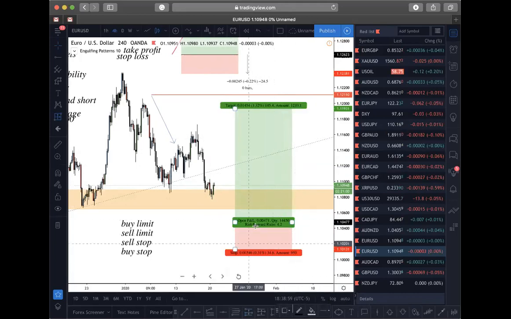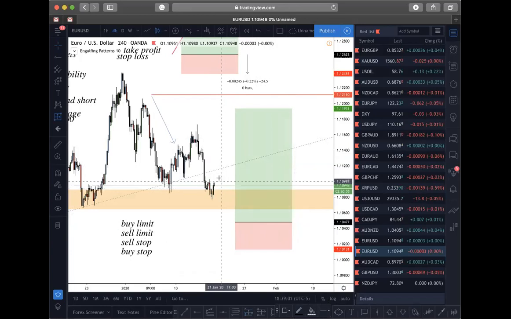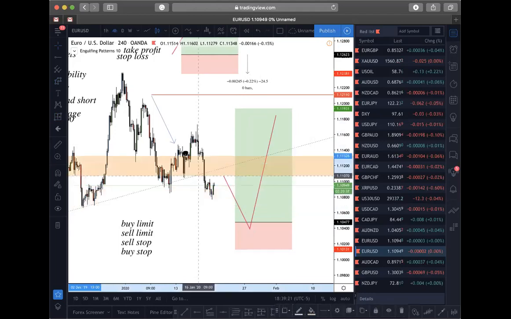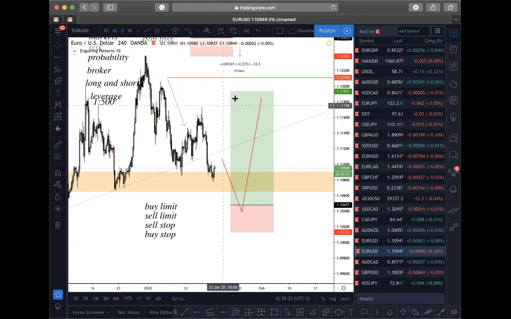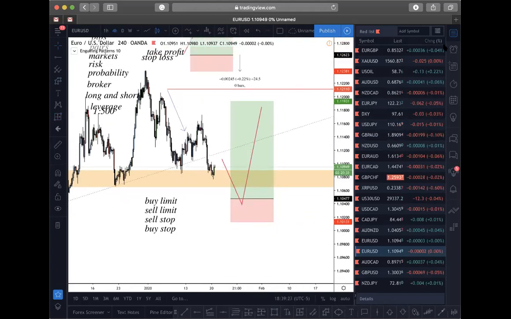The entry would be under the current market price and you're expecting the market to come down and touch it. The entry would always be the black line in the middle. So once it gets to that price, it automatically enters and you'd expect it to bounce back up, right? And I'll send you a PDF on this, which should explain it much better.